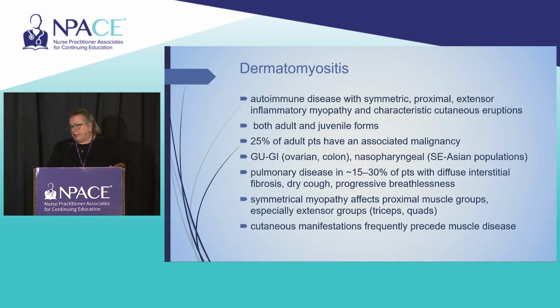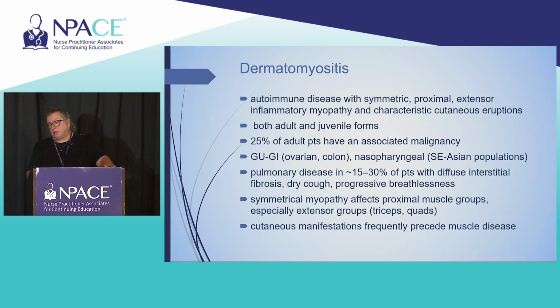So dermatomyositis is actually a disease of the muscles, right? It affects the proximal extensor muscles, and the cutaneous eruptions may actually just be a precursor to the muscle disease.